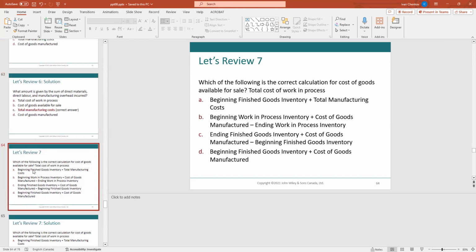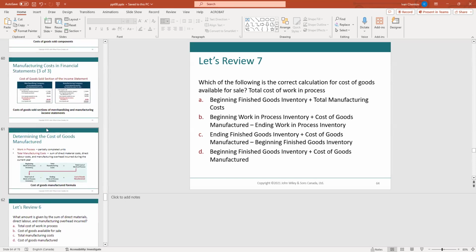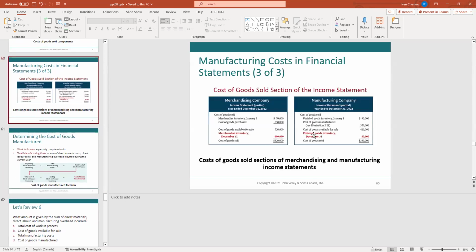How about this? Which of the following is the correct calculation for the cost of goods sold? Cost of goods available for sale. Now, what's the right calculation? Beginning balance plus the purchases, or beginning balance plus cost of goods manufactured.